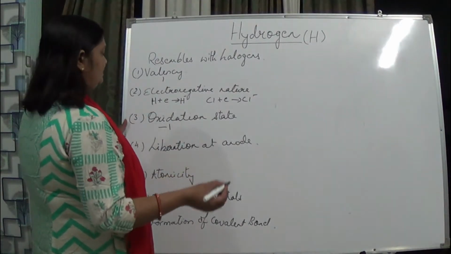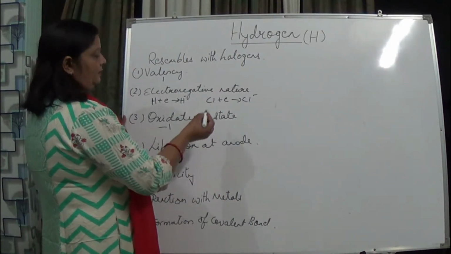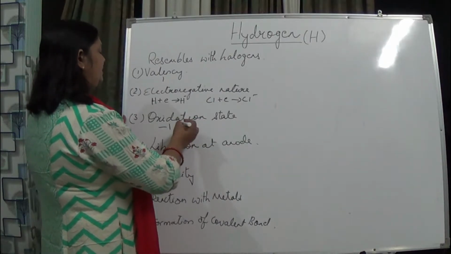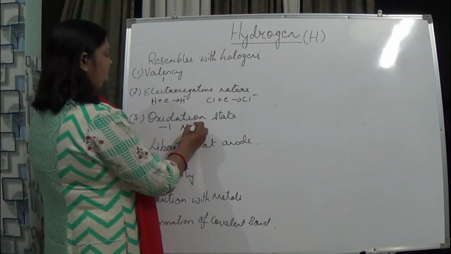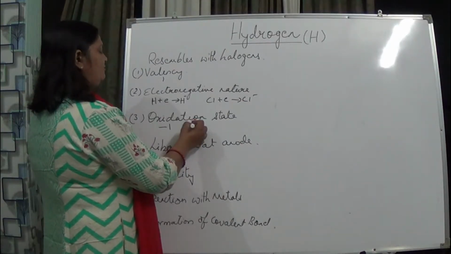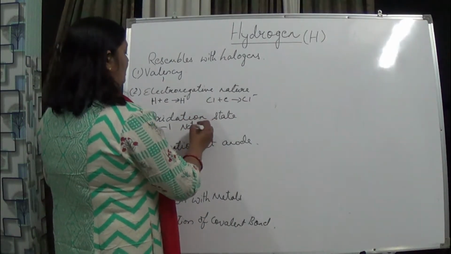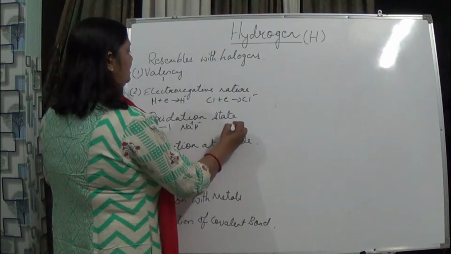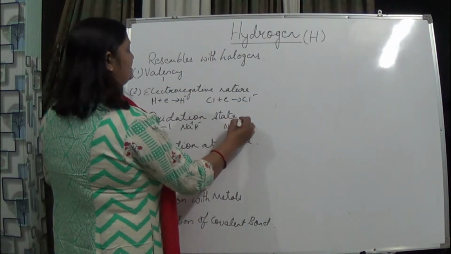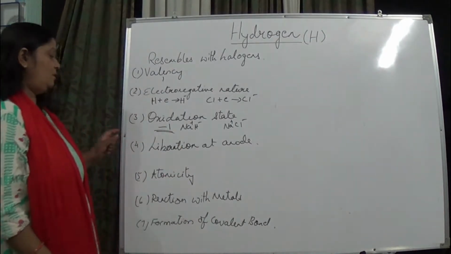Take the example of NaH, where Na has a positive sign and H negative. Likewise NaCl, Na plus Cl minus, having the oxidation state of minus 1.